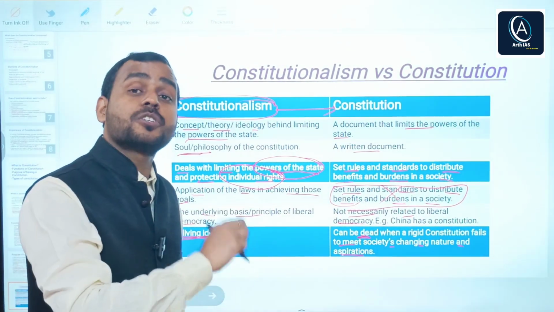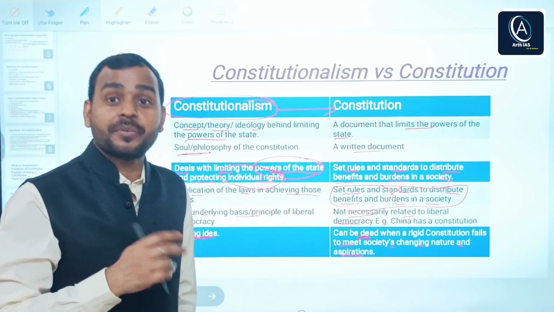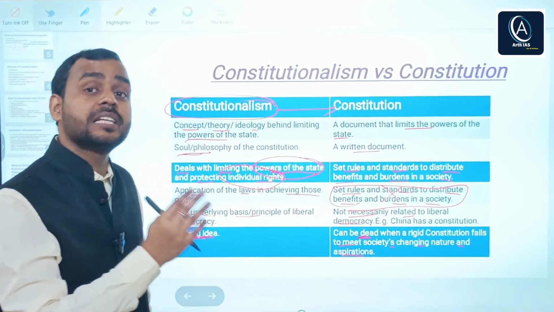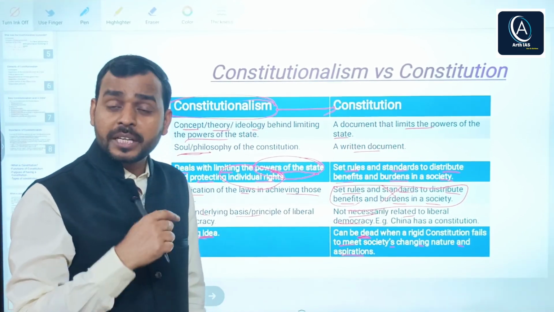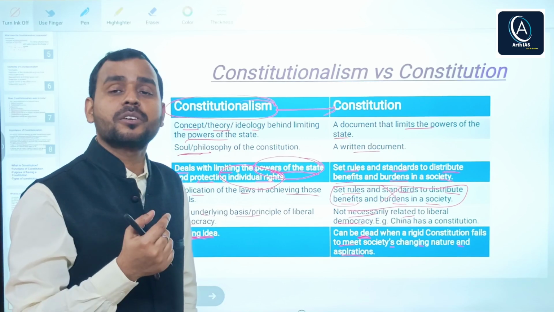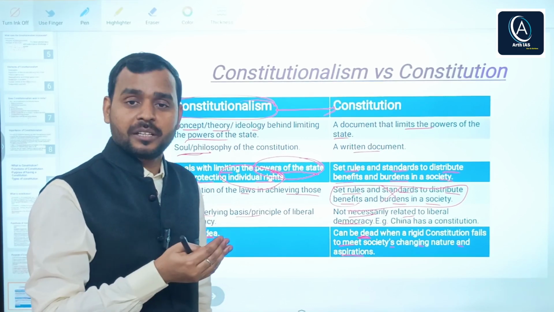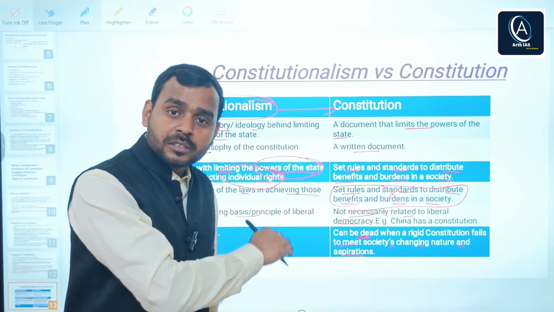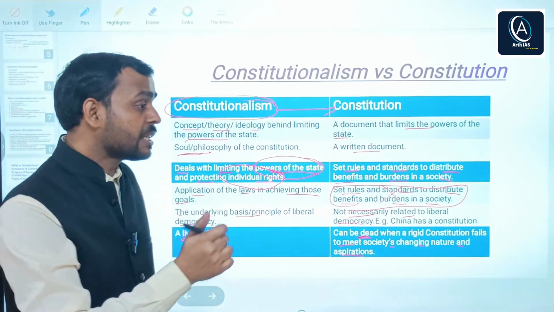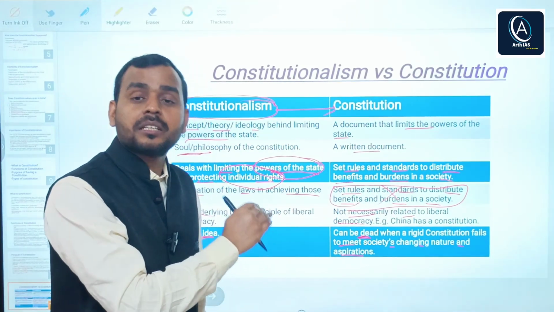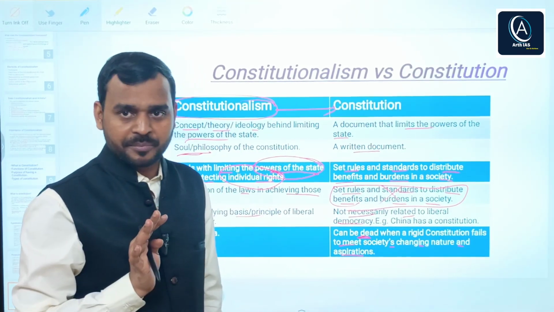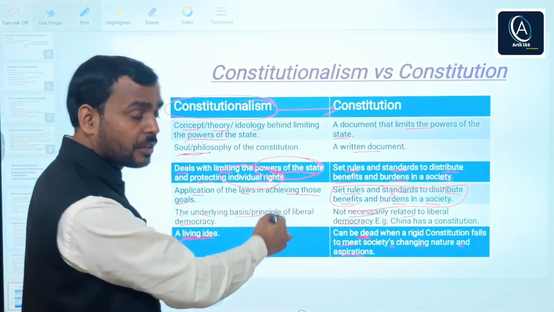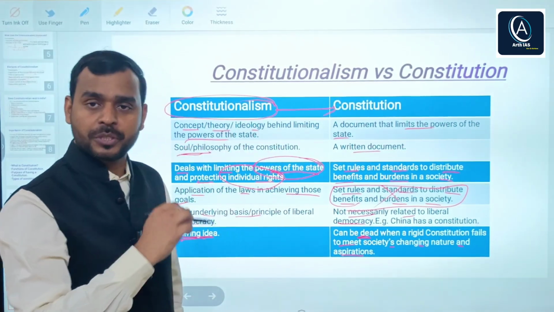But when a constitution is very rigid, it is generally considered a dead constitution. Why? Because it is unable to change, or unable to fulfill the changing demands of society and people. So this was the basic comparison between constitutionalism and constitution.